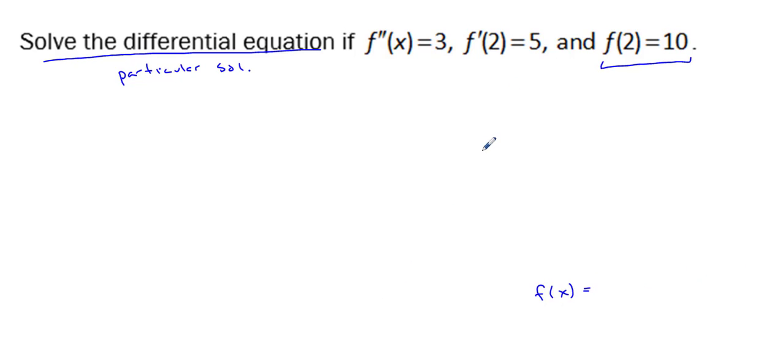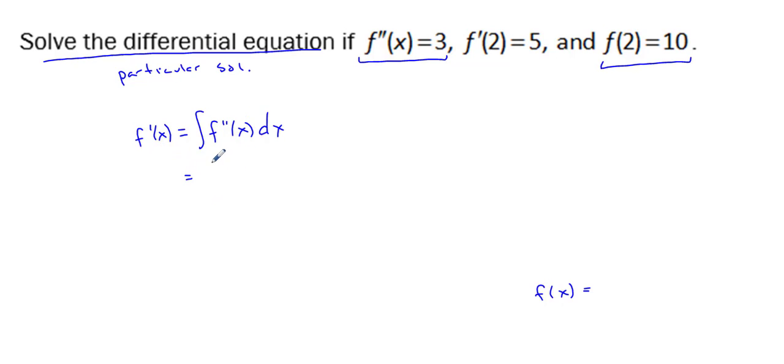Where do we start? Right here. If we find the antiderivative of f double prime of x, what would that equal? F prime. The antiderivative of the second derivative would be the first derivative.